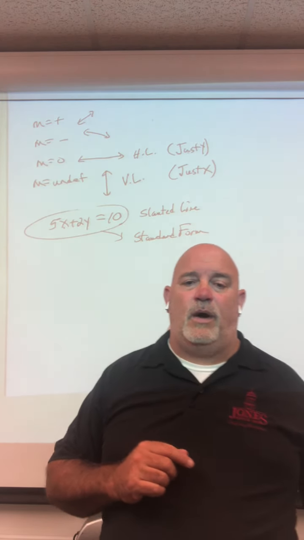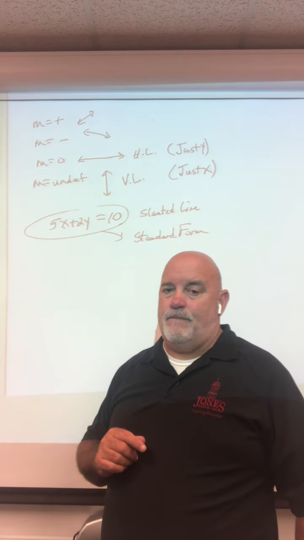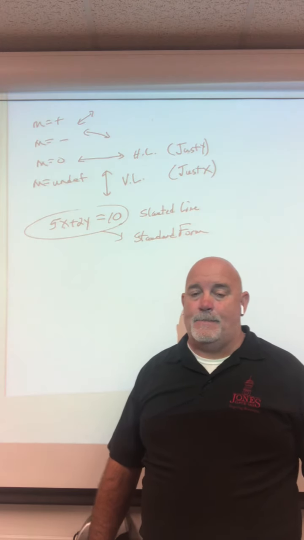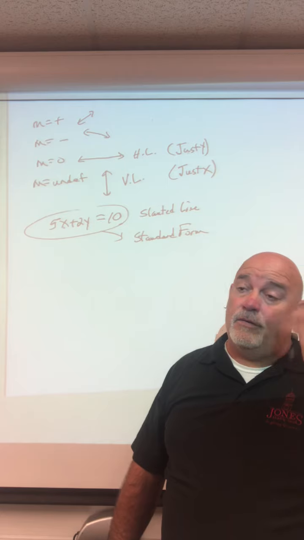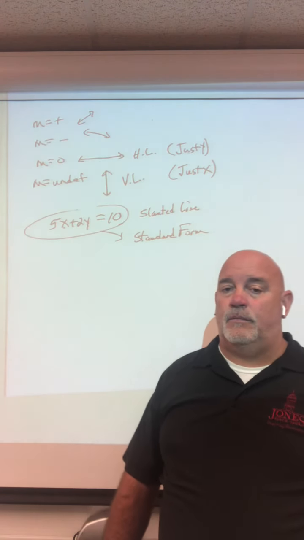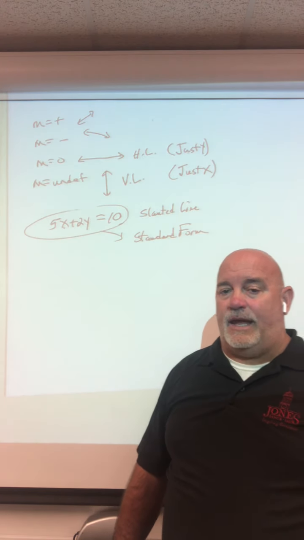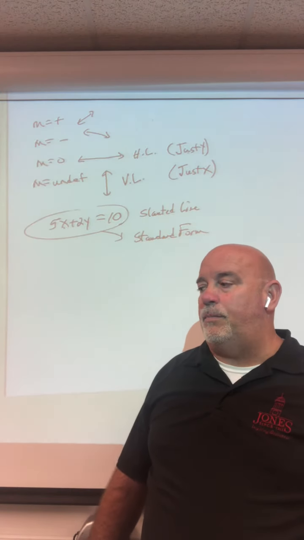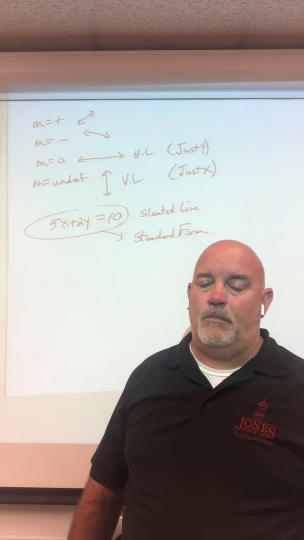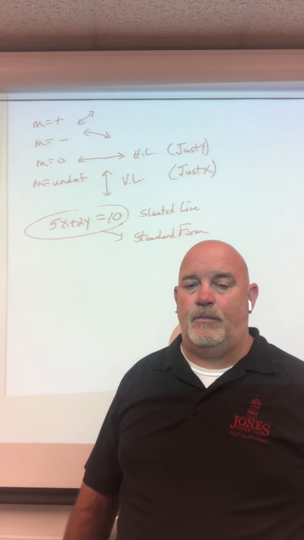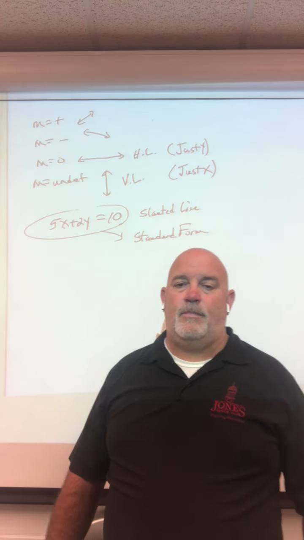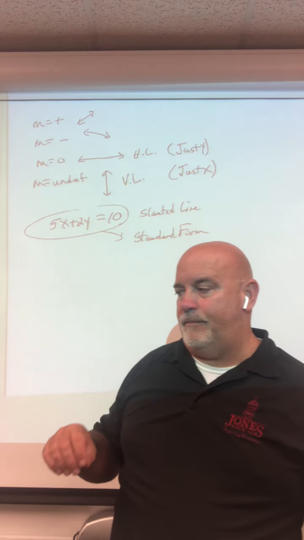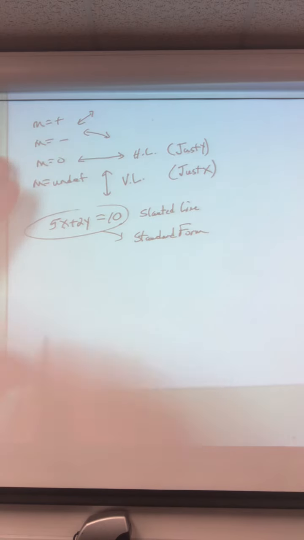If we have a linear equation and we solve that equation for y, we give this equation a special name called the slope-intercept form of the line, which is y equal mx plus b. Okay.